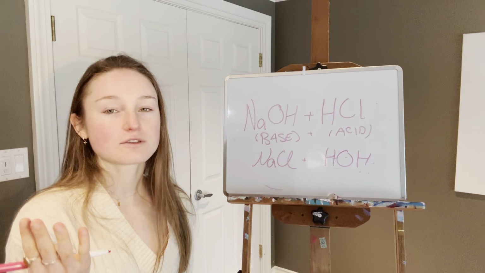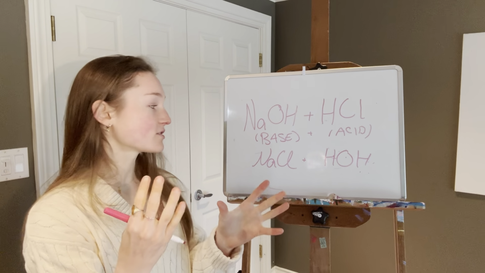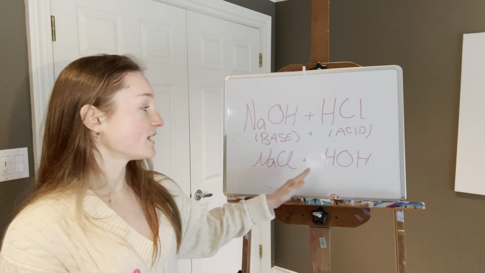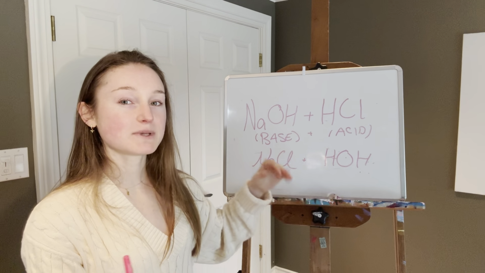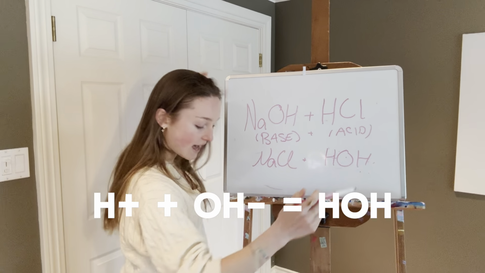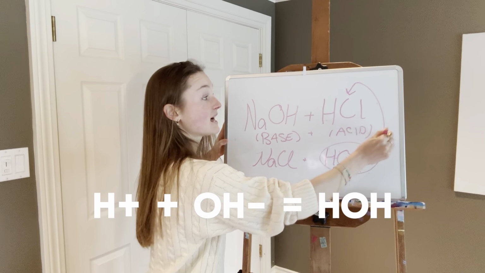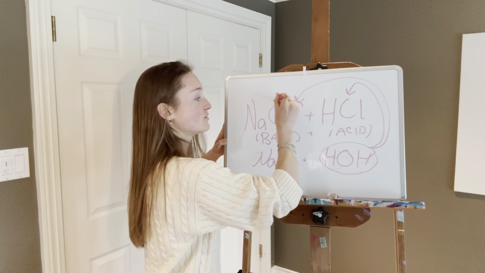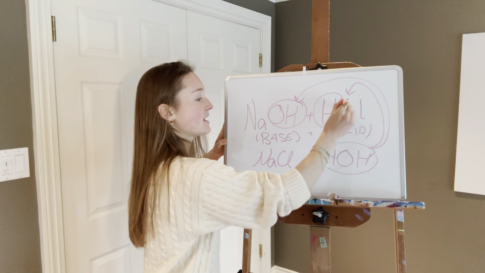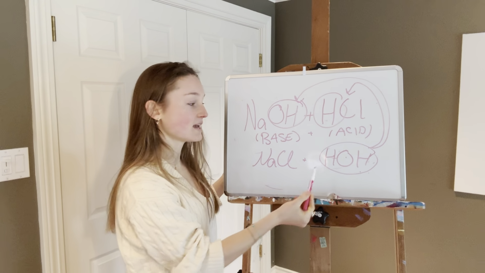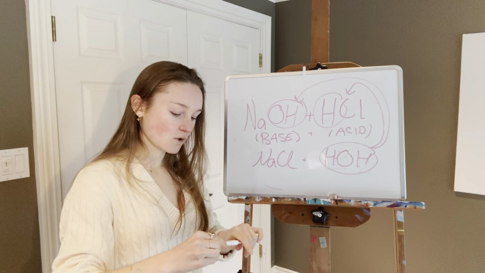Okay, water is 2 hydrogens, 1 oxygen, H2O. I like to represent it as HOH because it's more obvious that this came from this plus this, right? Here's your OH, here's your H. Of course, it's going to make HOH.